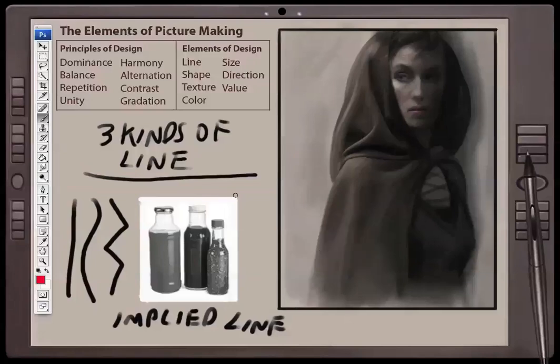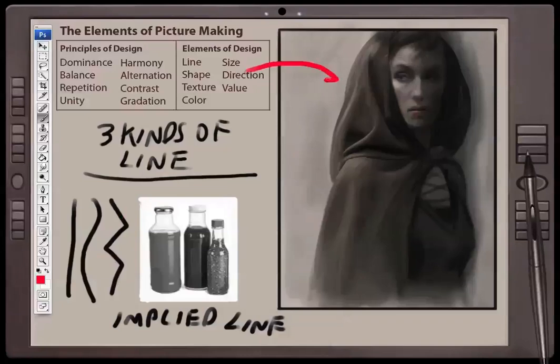Now, you know that objects that are pointing in a certain direction set up an implied line that the eye of the viewer follows. But implied lines are not just set up by objects such as these bottles and that tea kettle that I drew earlier, but also by the edges of shapes.